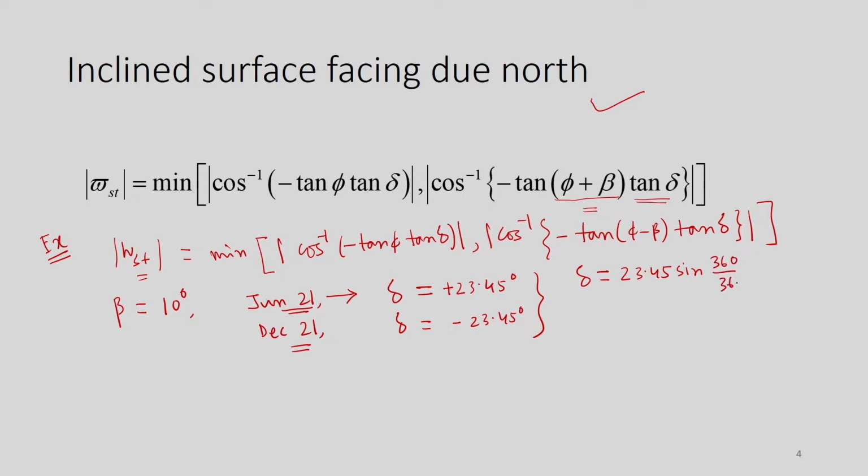by 365 into (284 plus n). So, the n value we need to calculate, because if we have to calculate for June, then n will be: January is 31, then February will be 28 for a non-leap year, then March will be 31, April 30, May again 31, and then June 1.